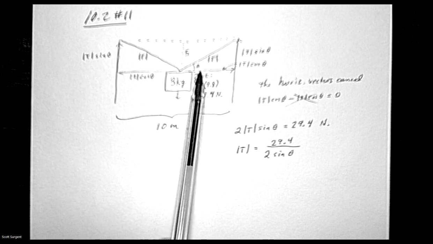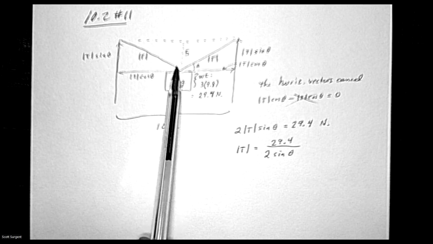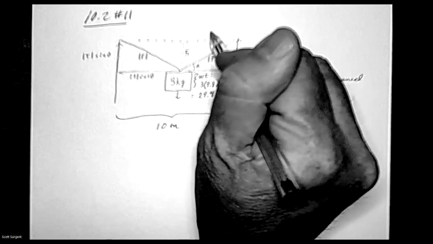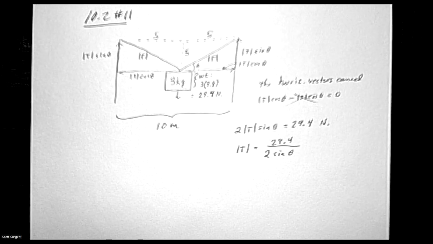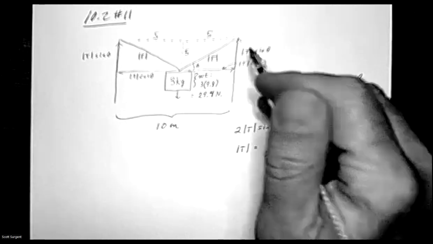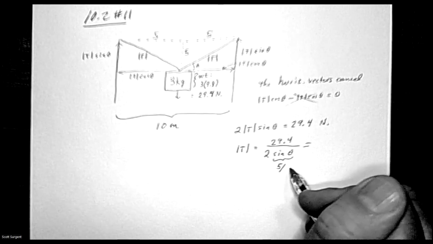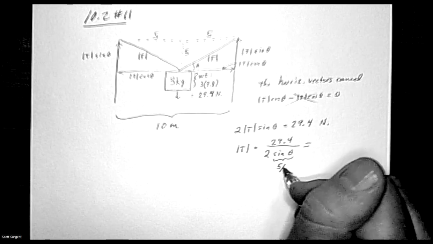If theta is right here, these can be split in half, so we have fives there. The sine of an angle is opposite over hypotenuse, right? So the opposite would be 5. And the hypotenuse is the square root of 5 squared plus 5 squared. So it's going to be 5 rad 2.